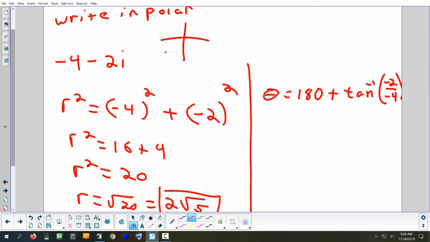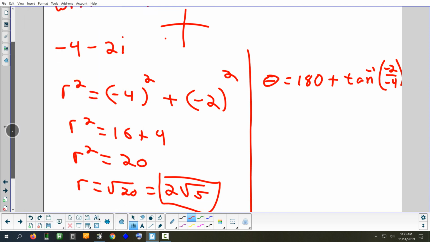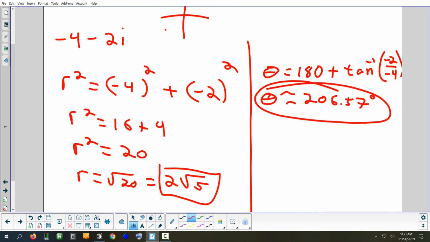When I do that on my calculator, I'm just going to do inverse tangent of 0.5 because -2 over -4 is just 0.5. All right. Okay. So let's see what we get. Inverse tangent of 0.5. And now I'm going to add 180. I could have typed it all in at once. Doesn't matter. 206.57. Okay, there's your angle.